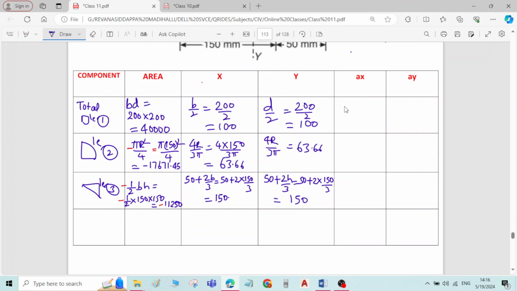It will be 40 lakhs. AY is also 40 lakhs. Then for the quadrant of the circle, it is minus, because the area has a negative sign: minus 1124964.5. Sorry, not 17, it is 11.